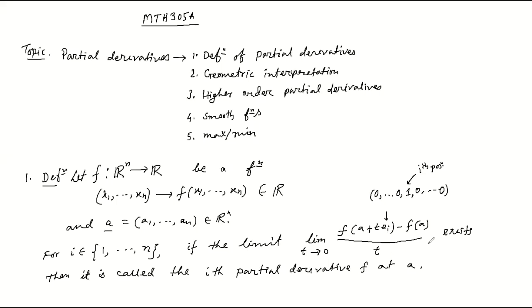And when this limit exists, we will use the following notation: d_i f at the point a is equal to the limit of (f(a + t e_i) minus f(a)) over t as t tends to 0.